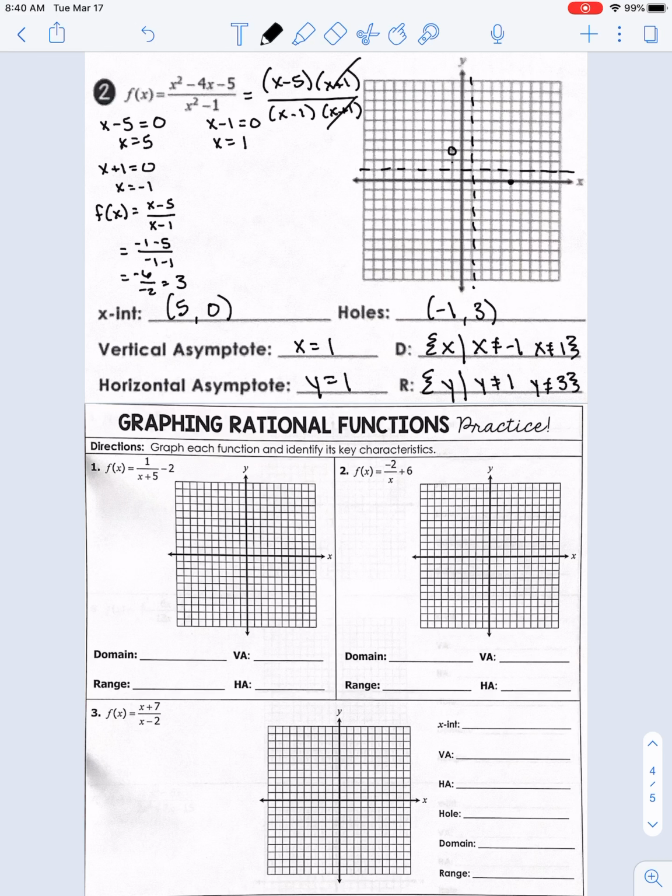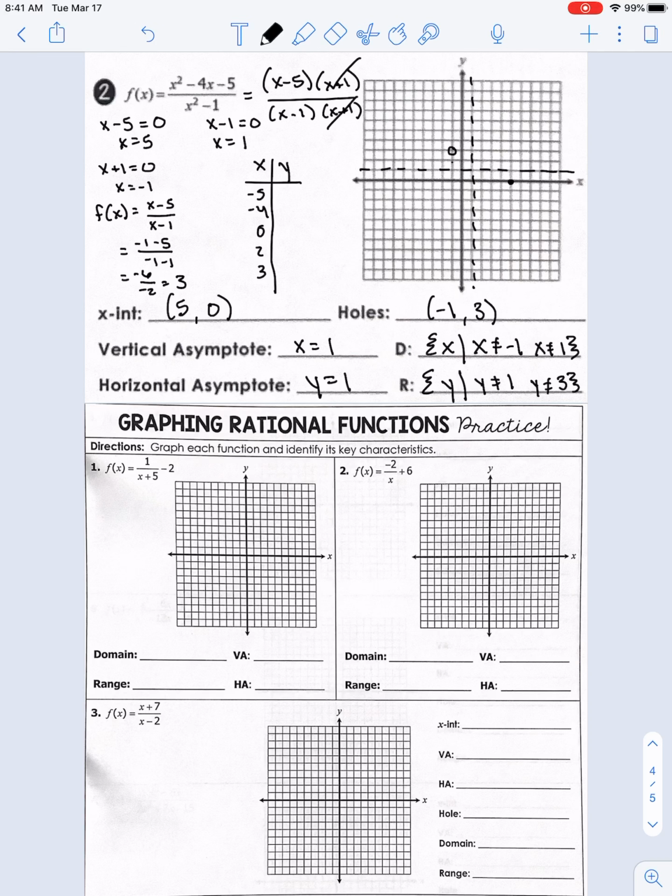Okay, so this one, you can do a data table to get some more points if you would like. Let's do negative 5, negative 4, 0, 2, 3.